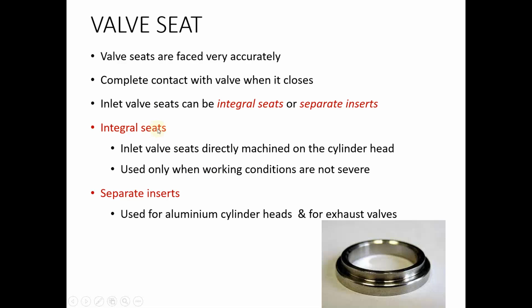Then there are different types of valve seats. It can be integral or separate inserts. Integral seats are directly machined on the cylinder head, and separate inserts are different components like this which are inserted and fixed into the holes that are drilled in the cylinder head.